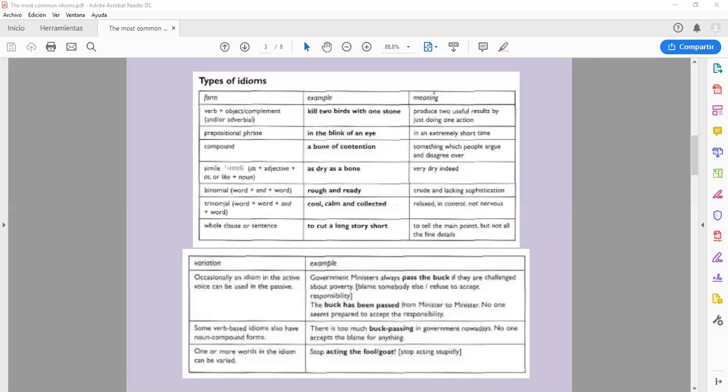So, let's write some examples, okay? You know what?